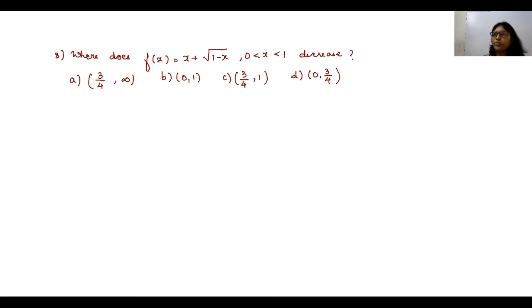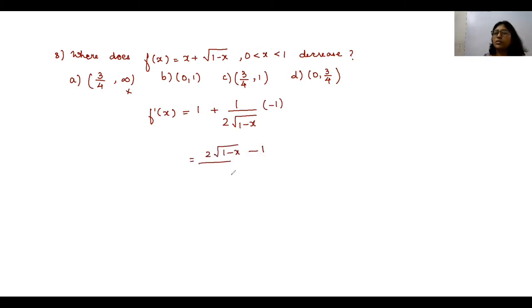Now here we want to find in which interval it is decreasing. In order to find increasing, decreasing, let us first find f dash x. So derivative of x, derivative of root term, 2 root, and then apply the chain rule, that is derivative of 1 is 0 and minus x is minus 1. Take LCM.